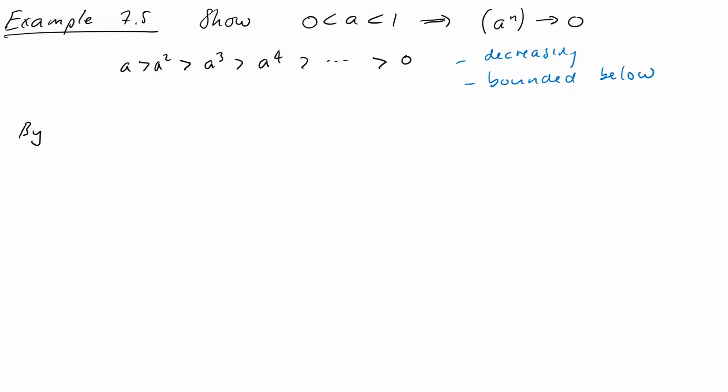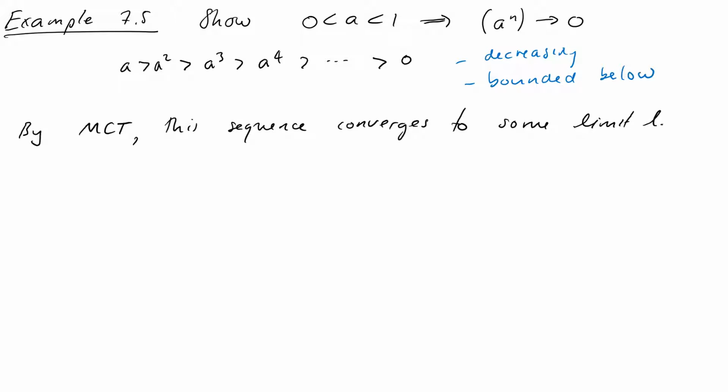So by the monotone convergence theorem, this sequence converges to some limit L. We don't know what it is yet, but we know that such a thing does exist, and it's going to satisfy that L is between A and 0.